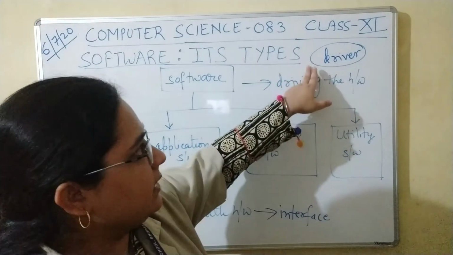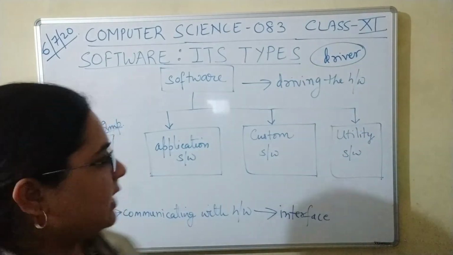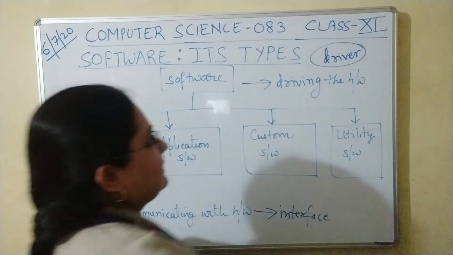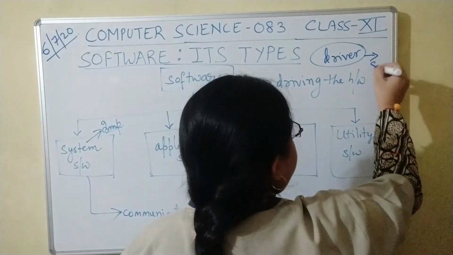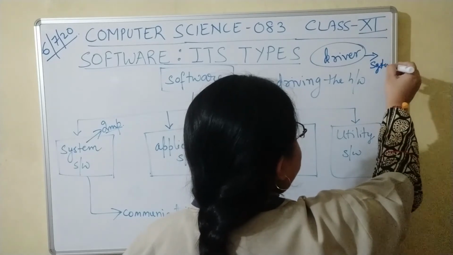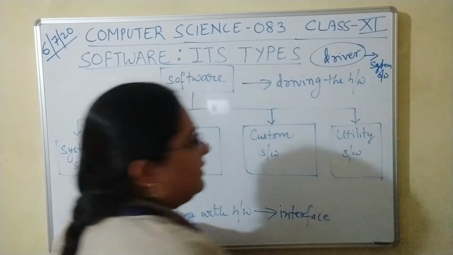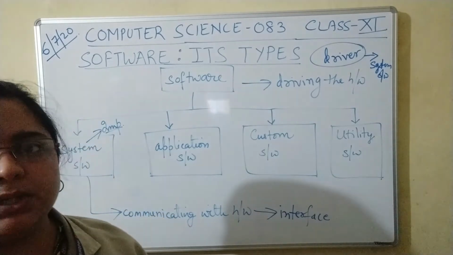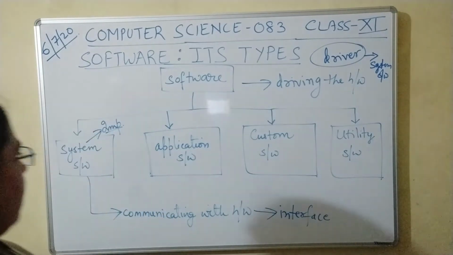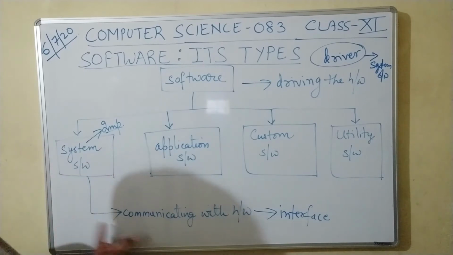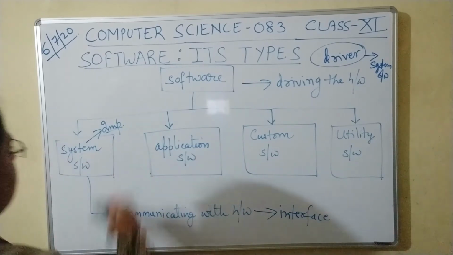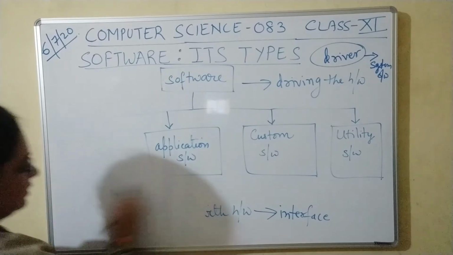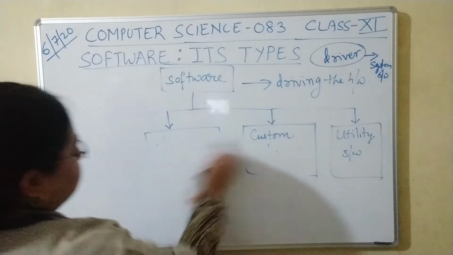So if you have a driver, that driver is actually compared with your system software, something which helps your computer run, something which helps your computer work. All those types of software which help the computer to work are known as system software. Let us see system software types in detail.